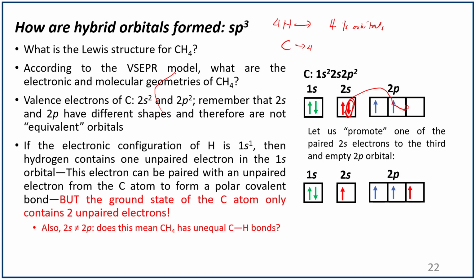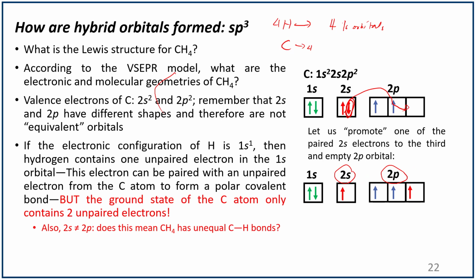Now it has 4 available valence electrons for bonding, but there's still a problem with this one, because the 2s orbital is not equal in energy and in shape to the 2p orbital.